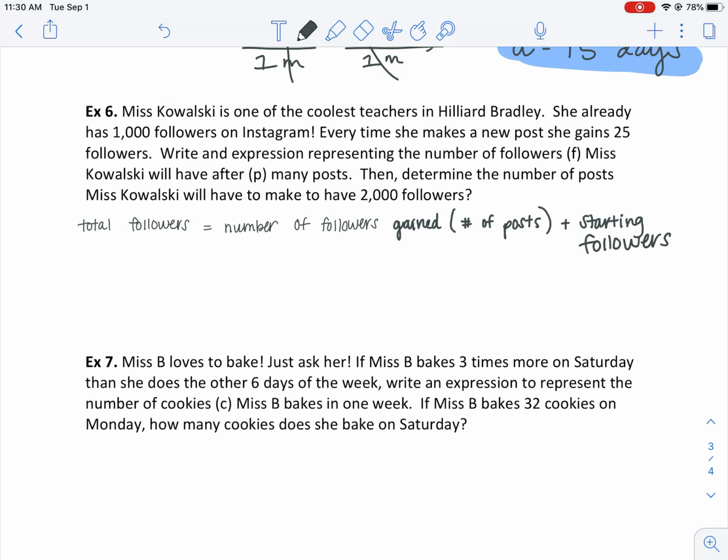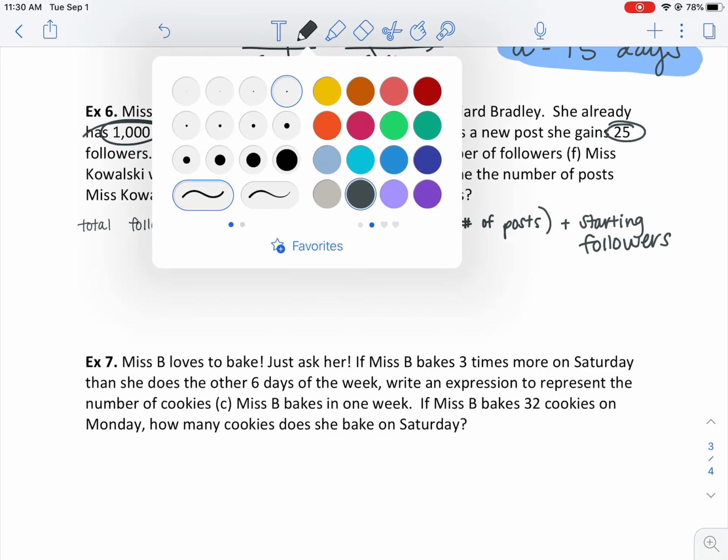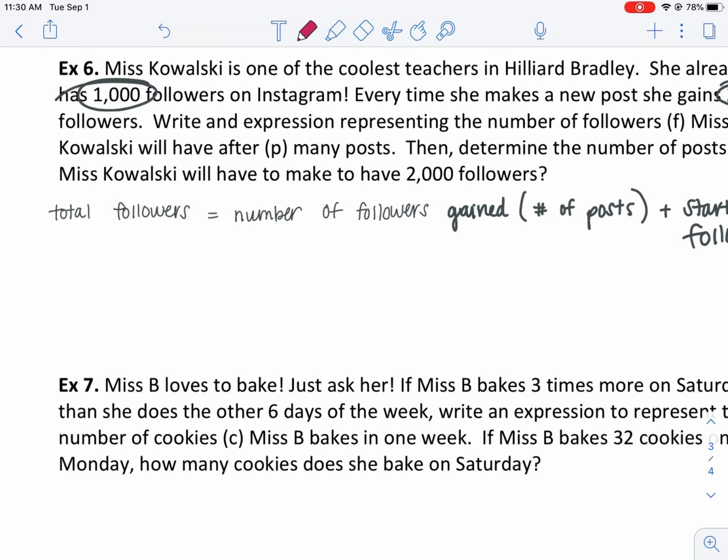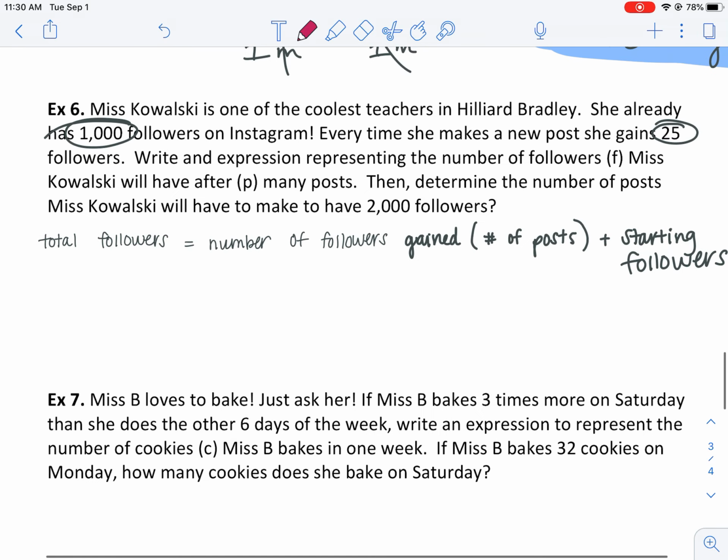Okay, so basically, she starts with 1,000 followers. She gains 25 followers with every new post that she posts, obviously. Okay, so let's think of how we would write this using just our variables and the numbers that we're given.